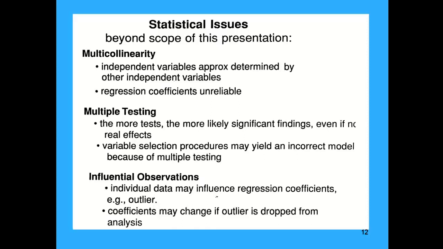Well, what can happen is that some of the variables you put in on the right side can be approximately determined by some of the other variables on the right side. So if you've got variables on the right side that, in some collective way, are saying the same thing, you've sort of overstated your model. You shouldn't have all those variables in there.